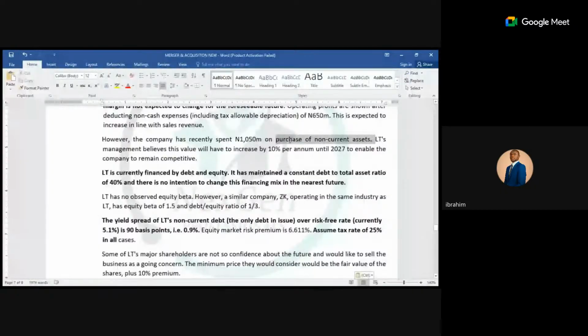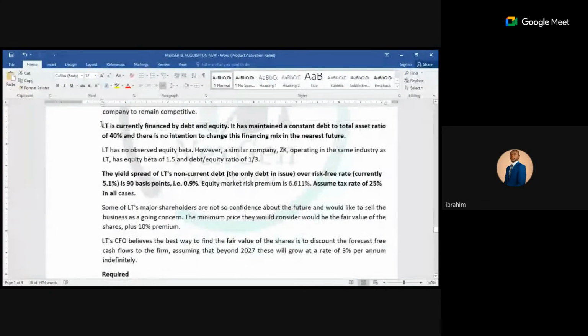They've talked about the revenue, operating profit, the non-cash expenses, now the non-current assets. LT management believes this value will have to increase by 10% per annum until 2027 to enable the company to remain competitive, class, meaning that this will increase, which will reduce the company cash flow.